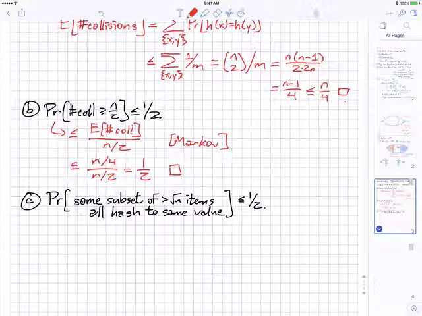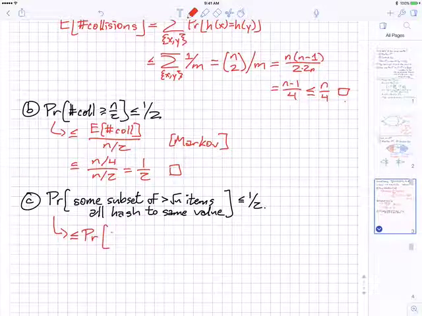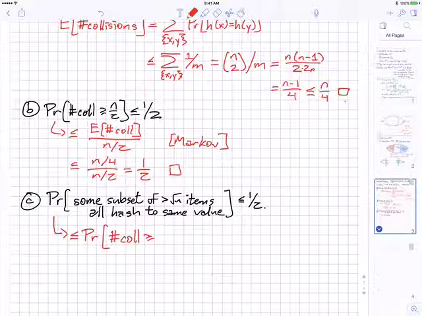Okay, so if I have a subset of k items that all have exactly the same hash value, how many pairs of those items have the same hash value? K choose 2.